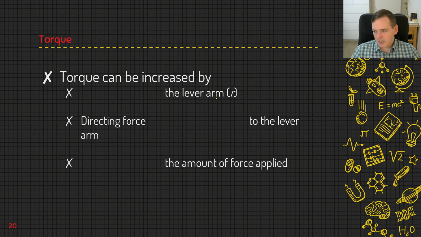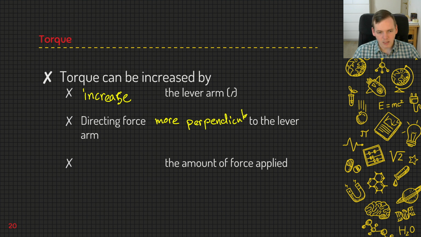So, as I mentioned earlier, we can increase the torque by increasing the lever arm, R. So if I apply a force farther away, I can give more torque. We can direct the force more perpendicular to the lever arm.